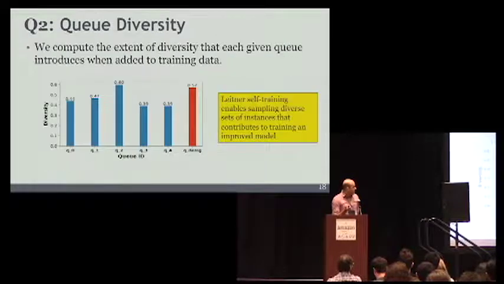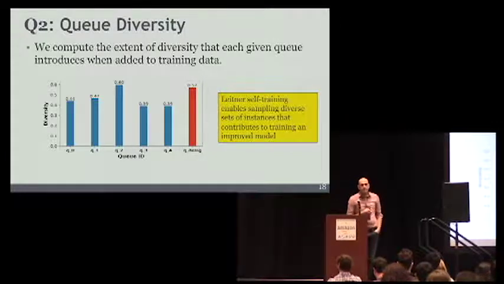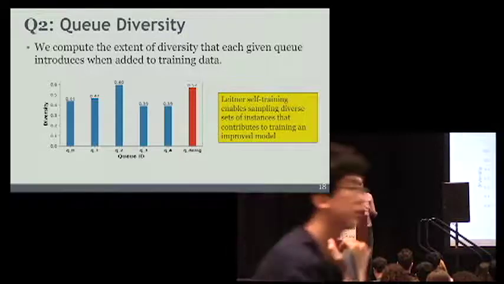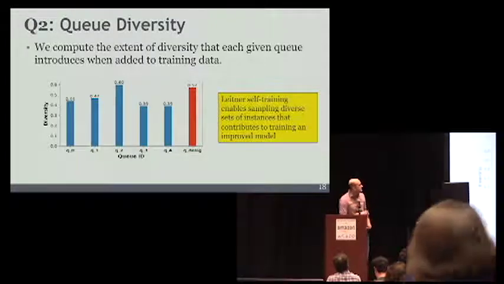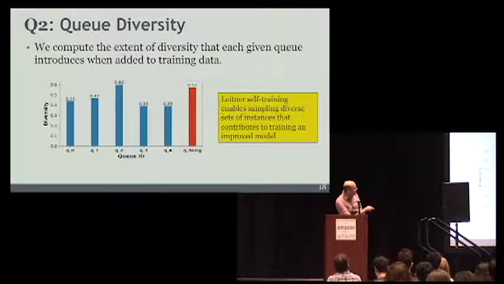All right. In terms of queue diversity, we compute the extent of diversity that the instances of every queue introduce when they are added to the training data. This is the average across all the self-training episodes.